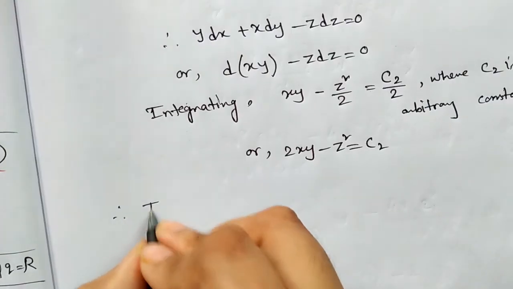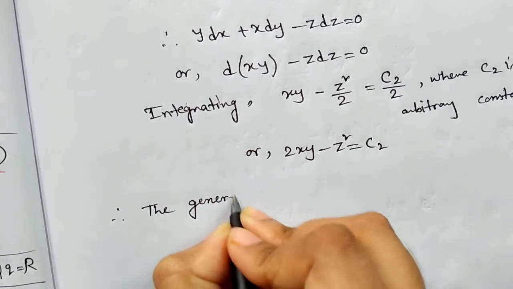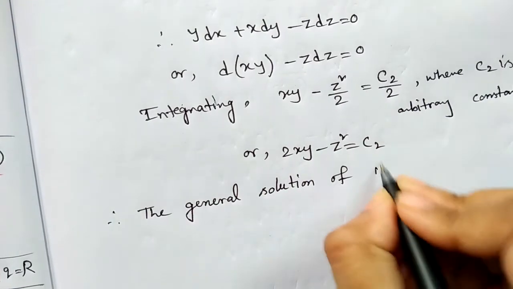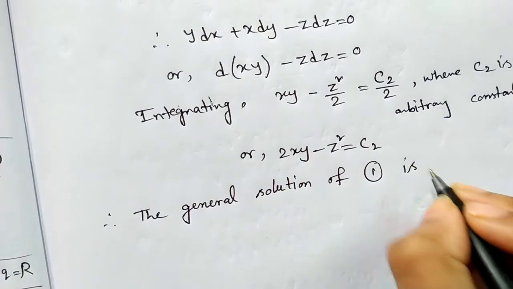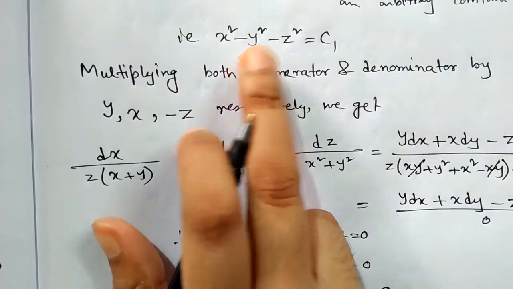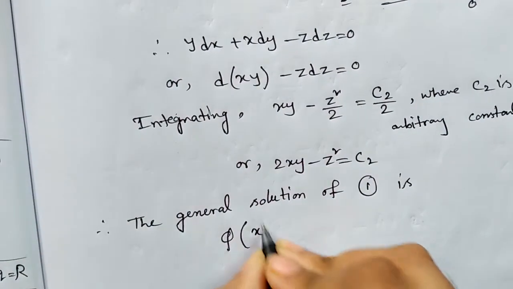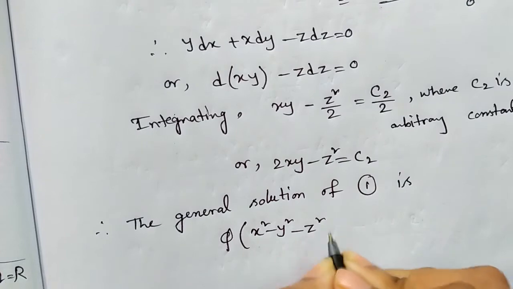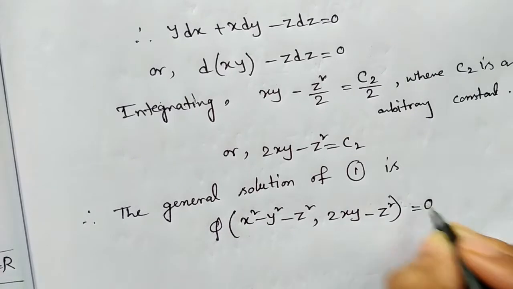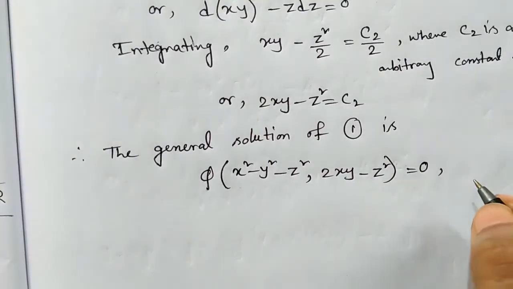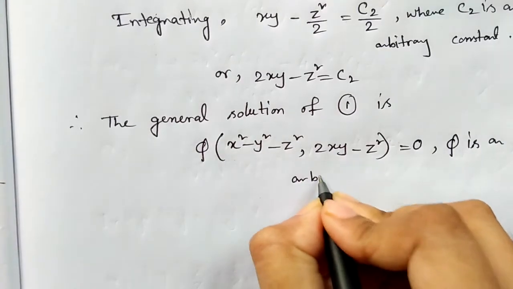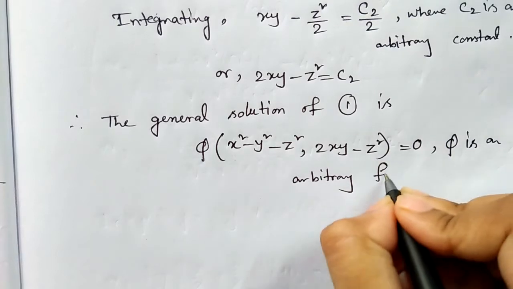Therefore, the general solution of the given equation 1 is Φ(x² - y² - z², 2xy - z²) = 0, where Φ is an arbitrary function.